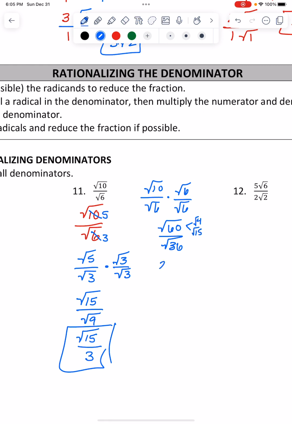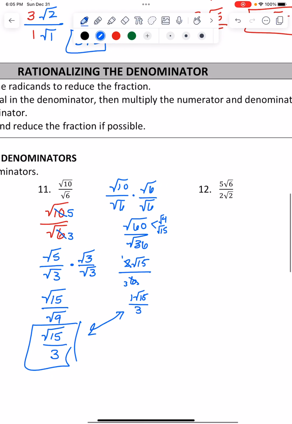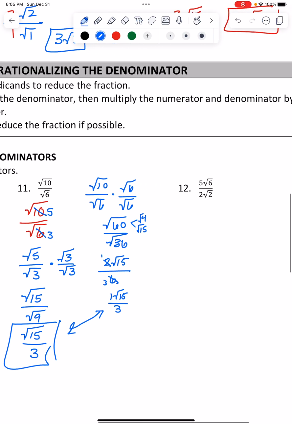So the top could be 2 square root of 15 over, and then in the denominator that'd be a 6. And in this case we can divide out a 2 and make it 1 square root of 15 over 3, which is what we got here, right? So you get the same answer, it's just you save yourself a step at the end. Okay, if you try and divide out stuff first.